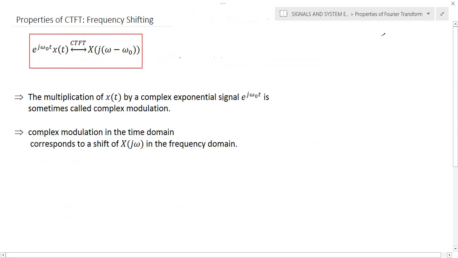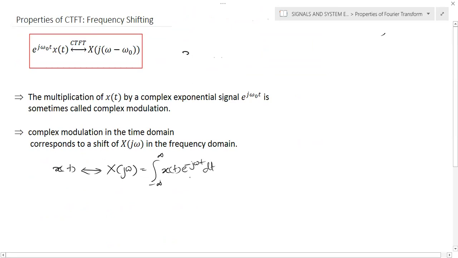If there is a signal x of t, assume that its continuous time Fourier transform is given by x of j omega, which is written as the integral from minus infinity to infinity of x of t into e raised to minus j omega t dt.